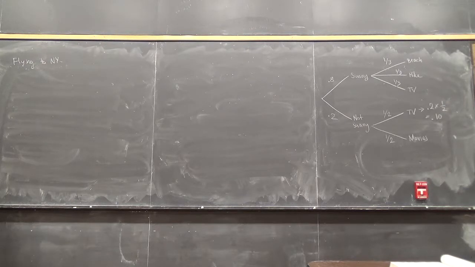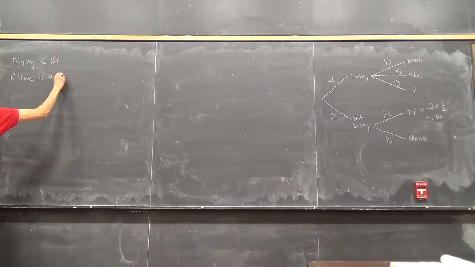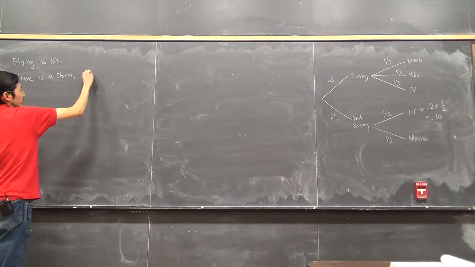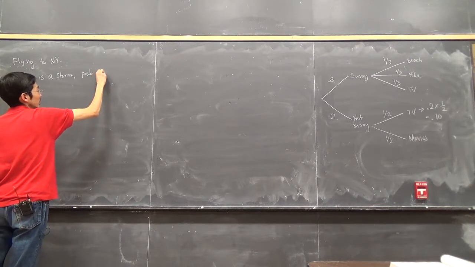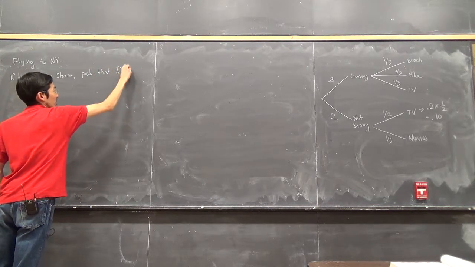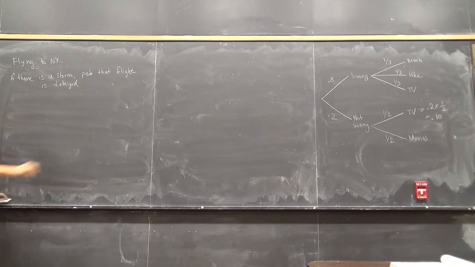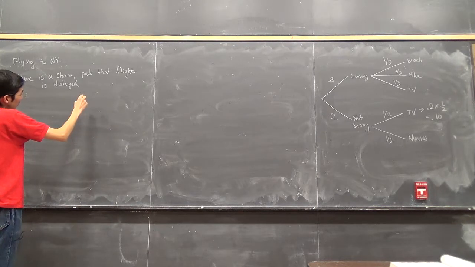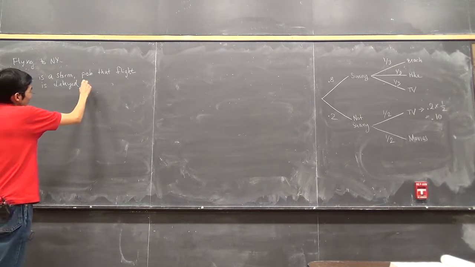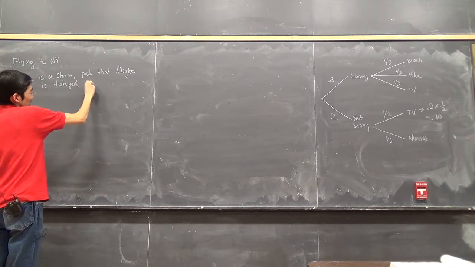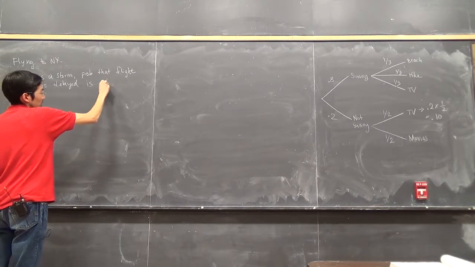And somehow you know this information, okay? They say if there is a storm, the probability that your flight from Chicago is delayed, or not on time, so I guess canceled, delayed, canceled, whatever, delayed, not on time, is 60%. Okay.